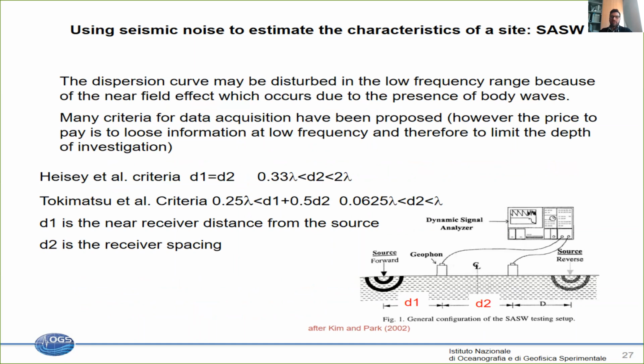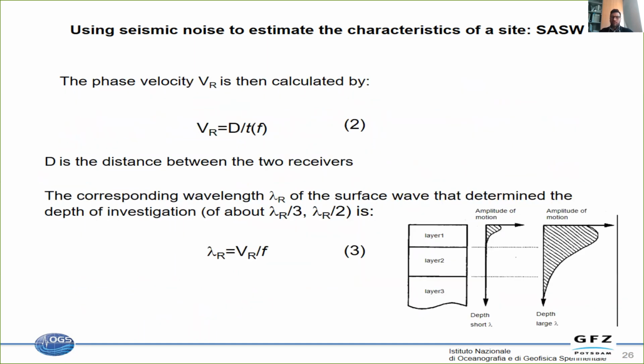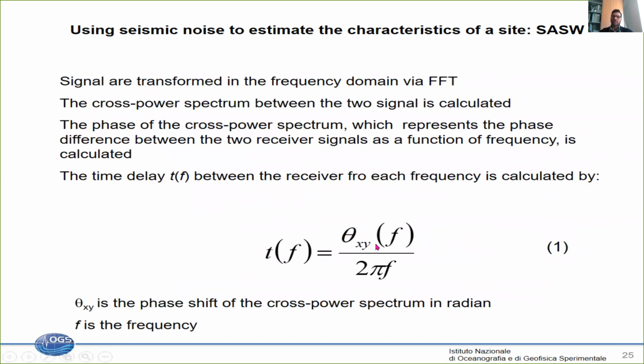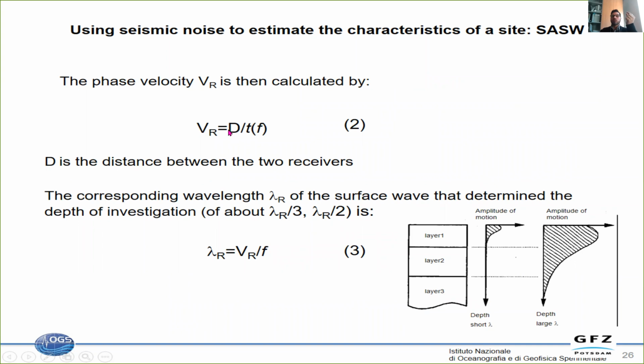So you see immediately that a small phase difference means, for the same frequency, also a smaller travel time. But since the velocity is calculated from distance divided by travel time, what will happen? That for a large distance, I will use a small travel time. So I will give to this frequency a very high velocity of propagation, which is wrong.